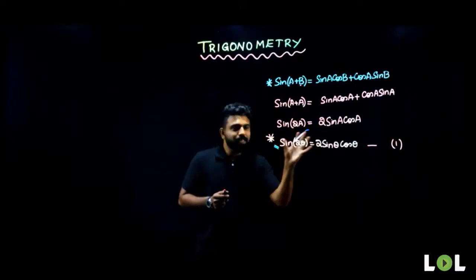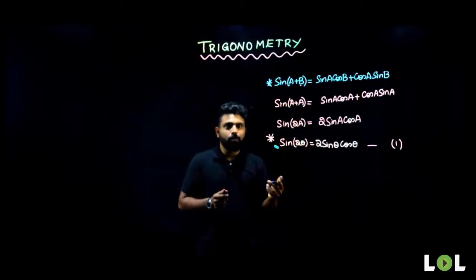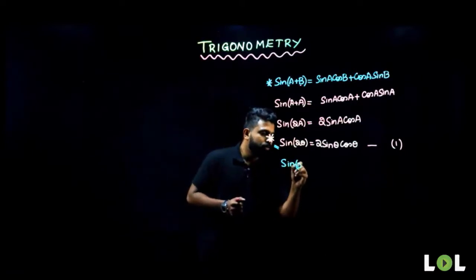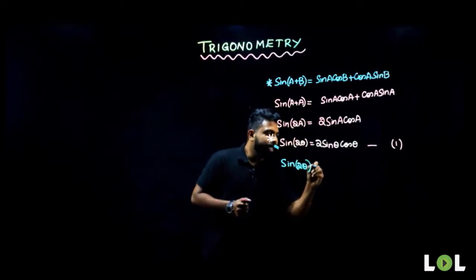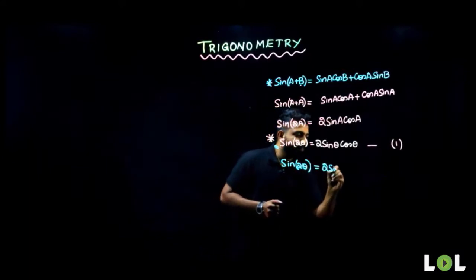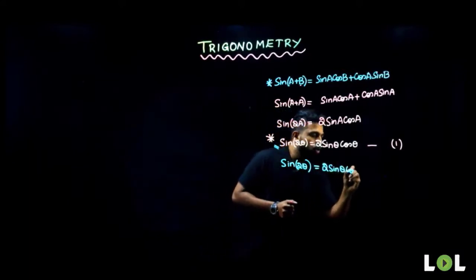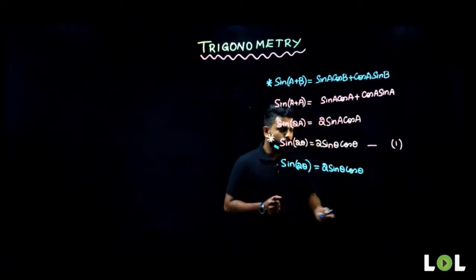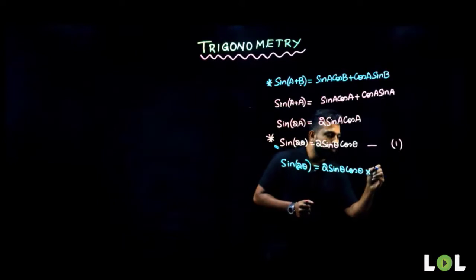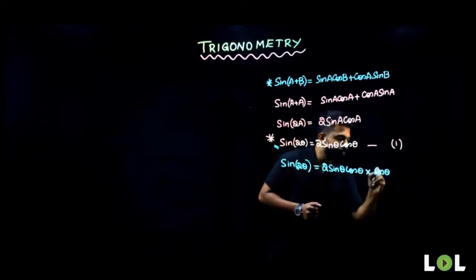Now using this formula, we'll also derive another formula, in which I'll take my left hand side to be the same. So sine of 2 theta will be equal to 2 sine theta into cos theta. Now what I do is, I multiply my numerator and denominator with cos theta.